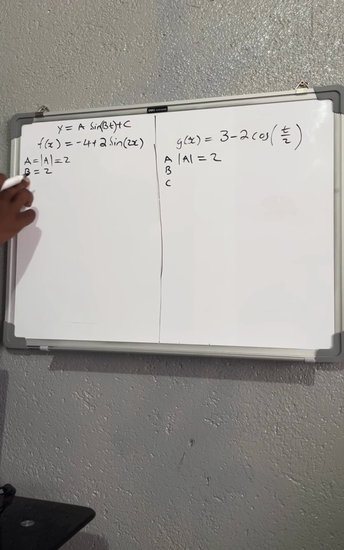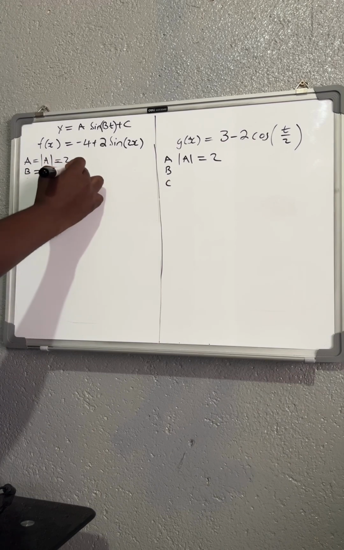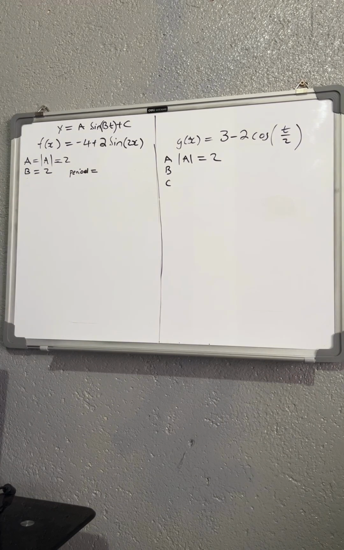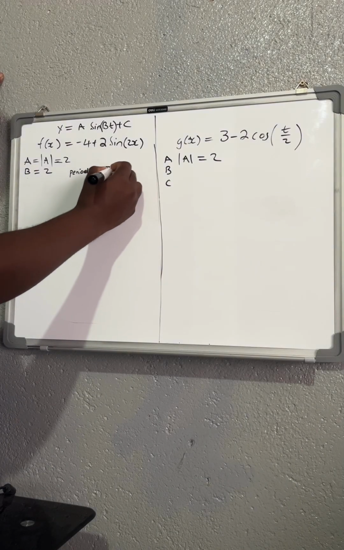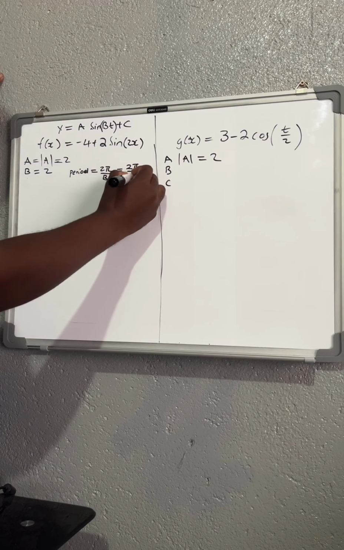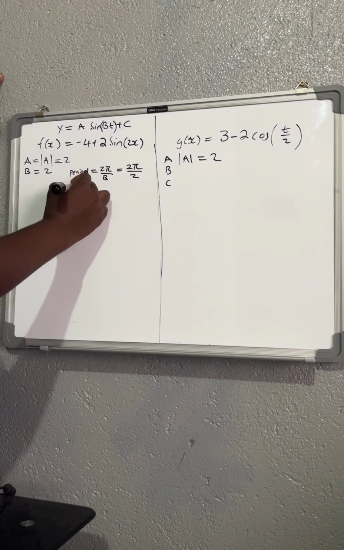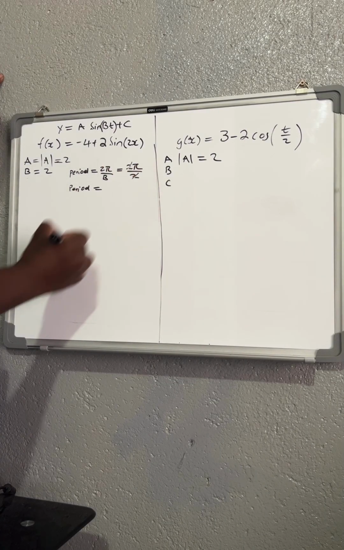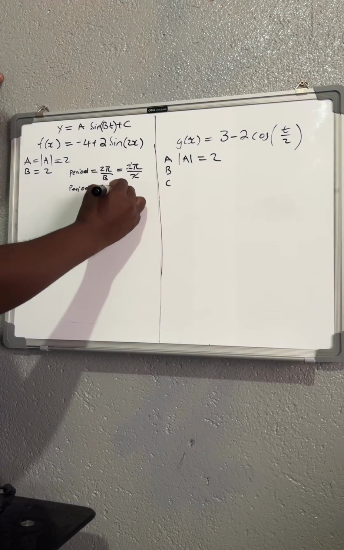So before we write our C, we can also say that the formula for period would be 2 pi over b. This would be 2 pi over 2. So now it means our period is going to be this. We'll cancel this. It's going to be pi.